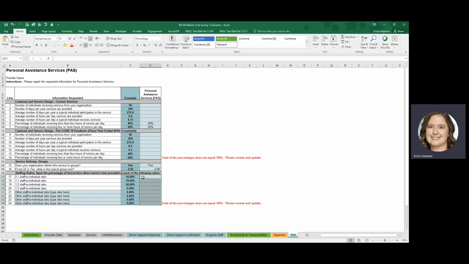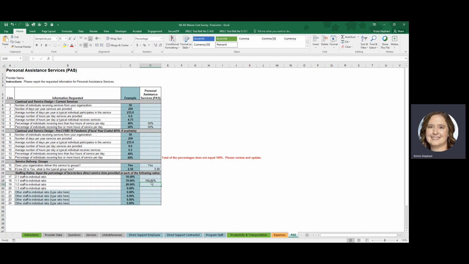So do you have any services that are provided on a 2 direct support professional staffing level for 1 participant or an individual? If so, then you would enter that percentage there. If 100% of your services are provided with 1 direct support professional to 1 participant at all times, then you would type 100 into this Excel, and as you can see, this error message went away.